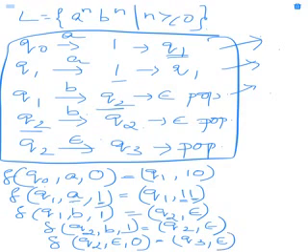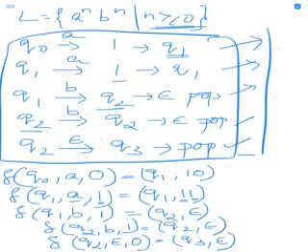So these are what we have listed; you have to see whether anything is missed out. One more thing to notice is that the n value is greater than or equal to 0, so epsilon can also be an element of the language.